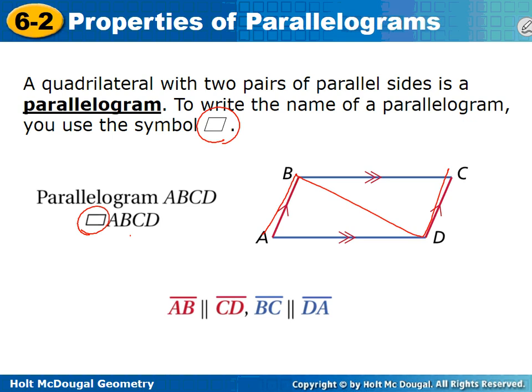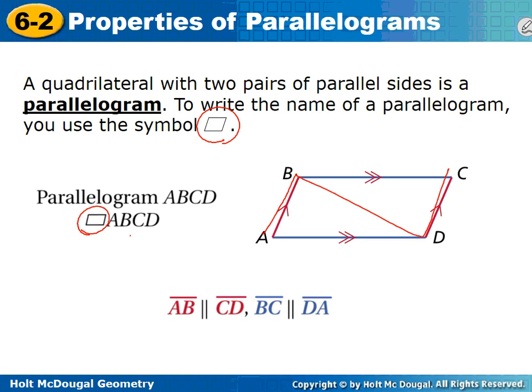All right, let's think about some other things you know about a parallelogram. When you look at a parallelogram, the opposite sides are going to be parallel. What else do you think is going to be true about the opposite sides? Very good. The opposite sides should be congruent. That's your next property.